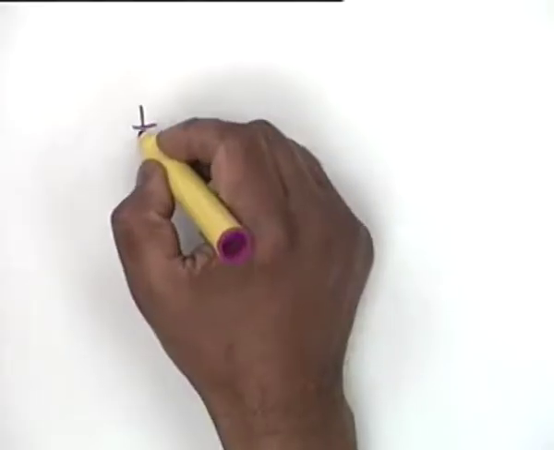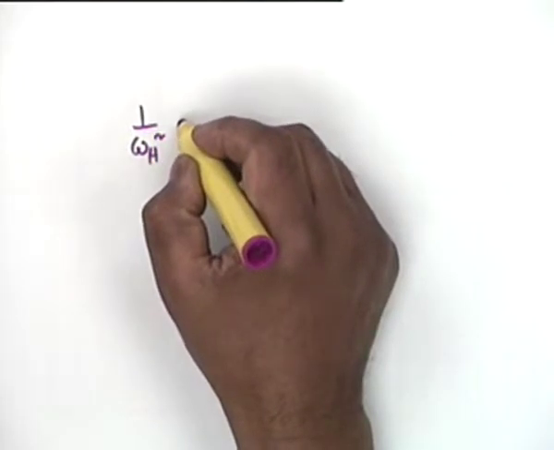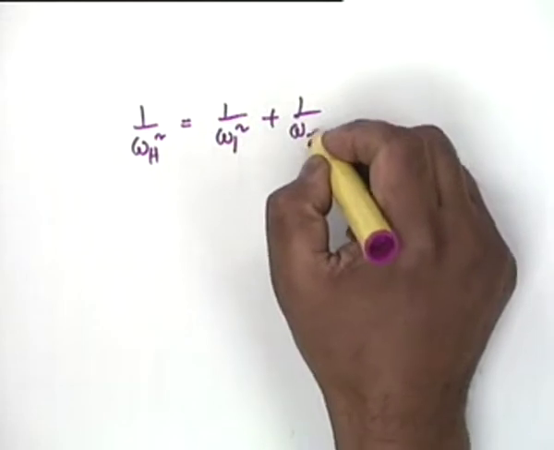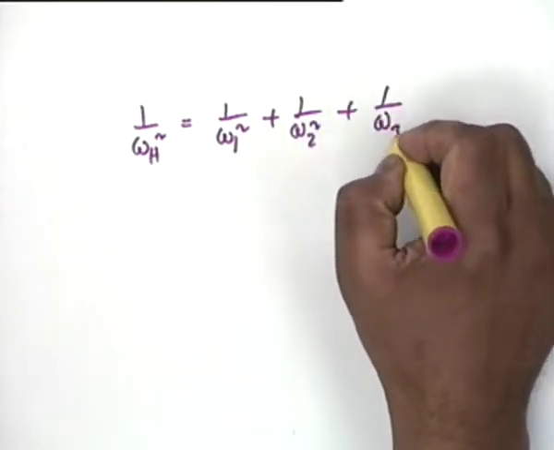Then if you do that, once again I don't want to do any calculation. Can you tell me by inspection what would be the relationship between omega h and omega 1, omega 2 and omega 3? 1 by omega h squared, that is correct. Omega 2 squared plus 1 by omega 3 squared.